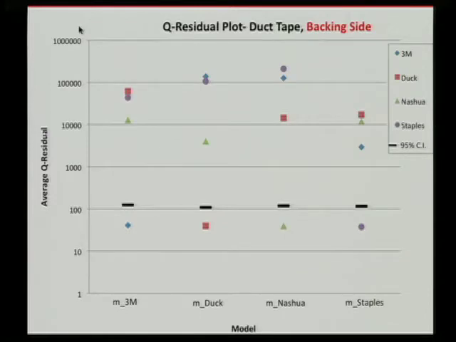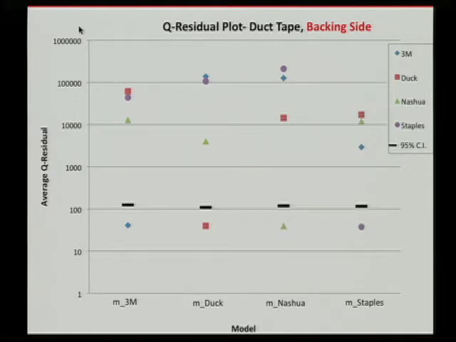So this is our Q residual plot, and here's our 3M. These black bars are the 95% confidence interval that have been plotted. Points that lie below the line are indistinguishable from the particular method that we're looking at.